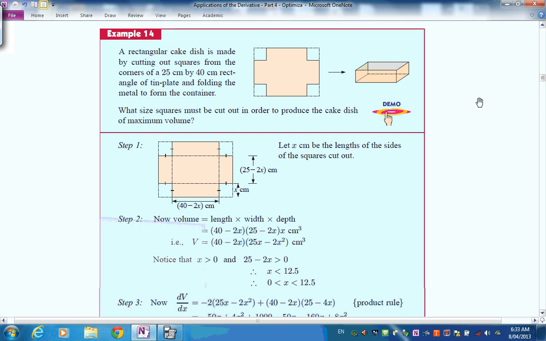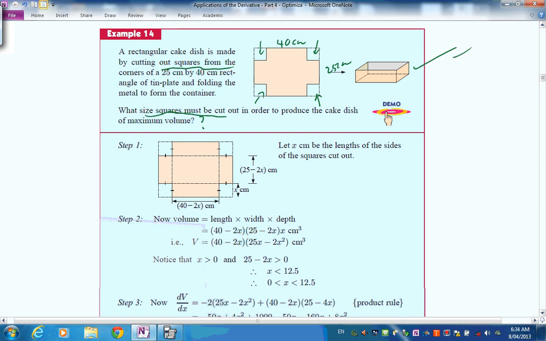So we're making a cake dish by taking squares out of the corners. Here they are, nice diagram they've got for us here, out of the rectangle, which is 25 centimetres by 40 centimetres. So this is 40 centimetres and this is 25 centimetres, and we're taking out squares. So what size squares should you cut out to have a maximum volume container?